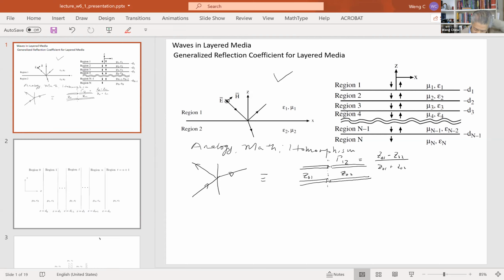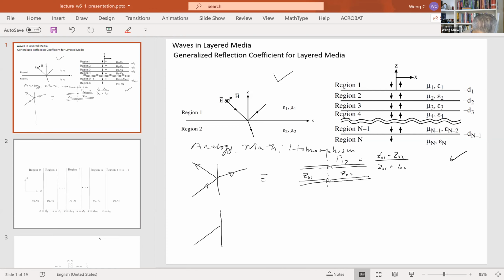But this analogy can be used to solve more complicated problems, more complicated problems involving waves in very complicated layered medium like what you see on the right-hand side.